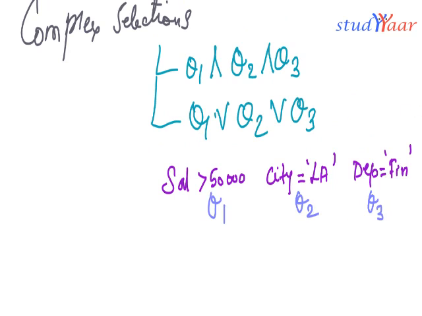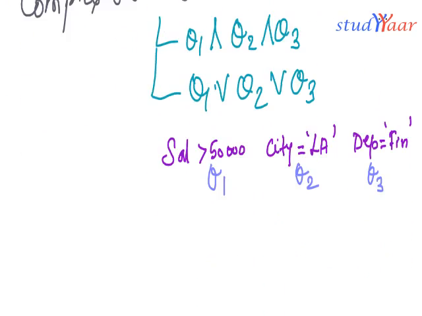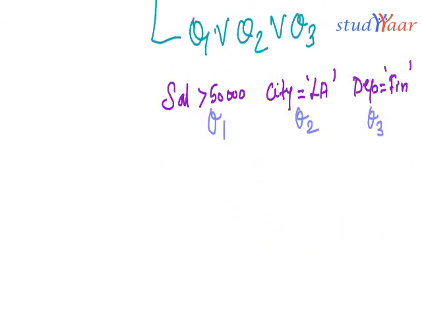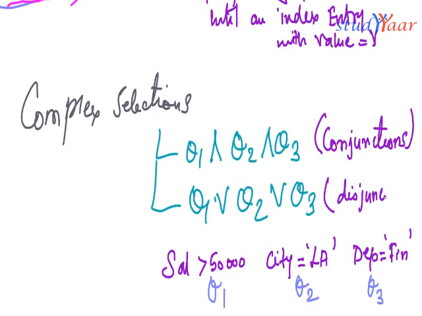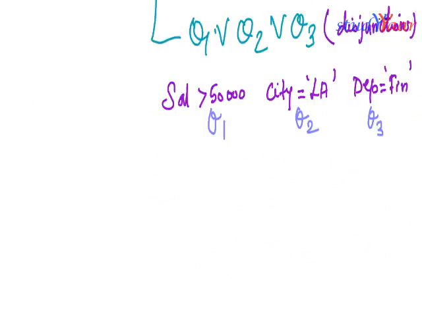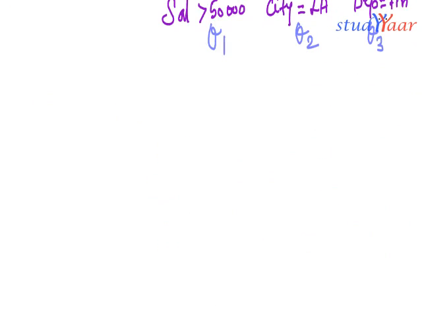Now let's look at the algorithms for such types of selections. AND is called a conjunction, and OR is called a disjunction. First I am going to tell you algorithms for conjunctions.